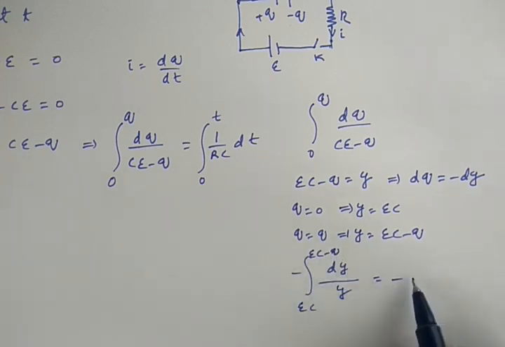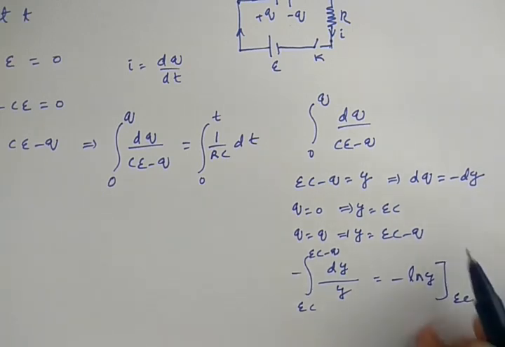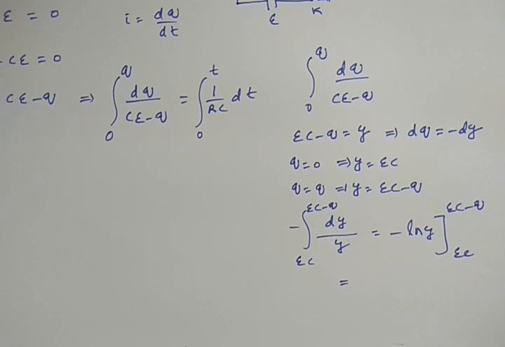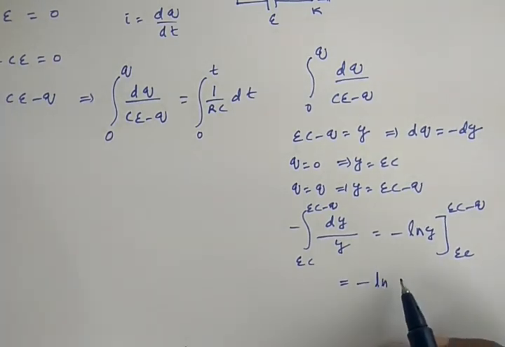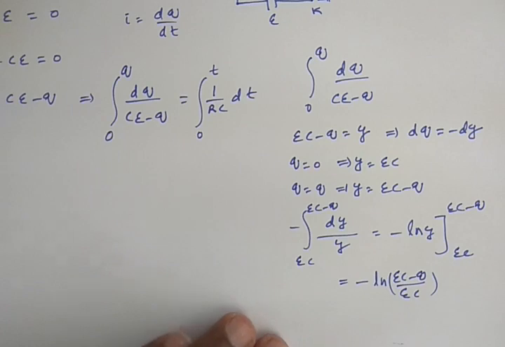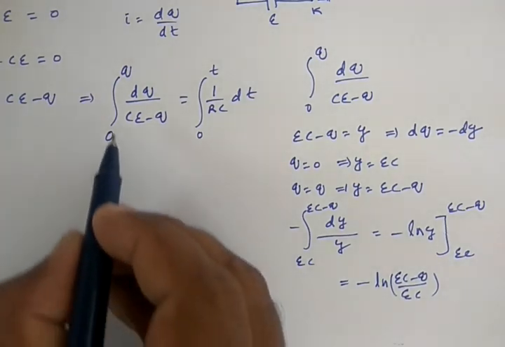So that equals minus log y, with boundary conditions EC and EC minus q. These are the boundary conditions. So this will be equal to minus log of (EC minus q) by EC.